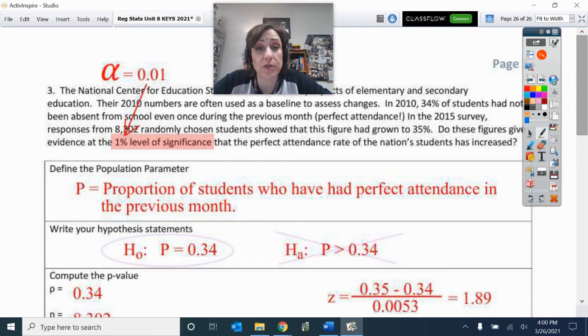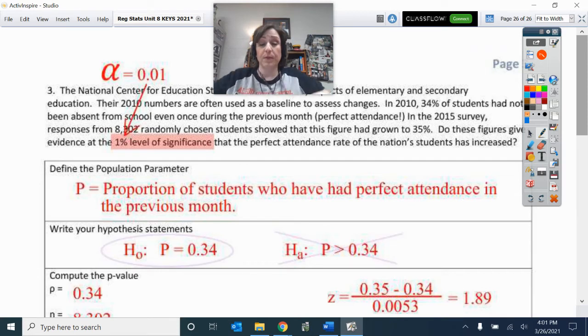In the 2010 survey, 34% of the students had not been absent. So 34% had perfect attendance.